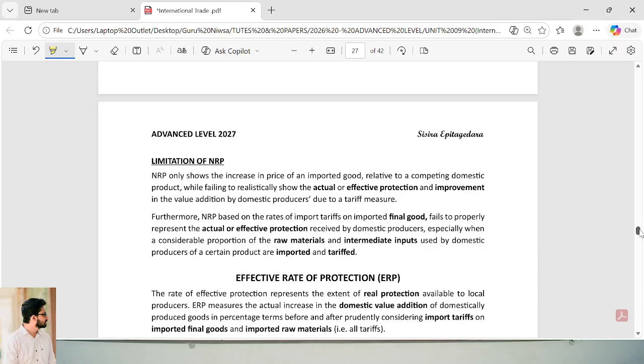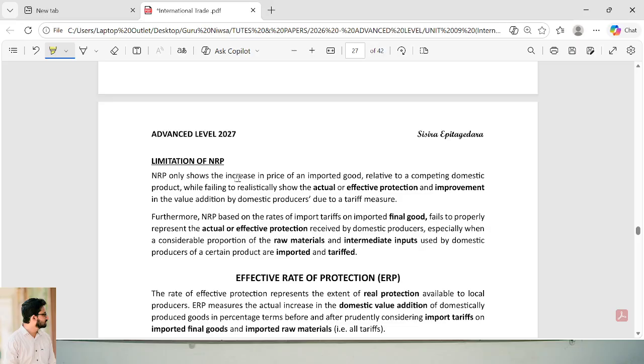This is a very basic calculation based on the tax rate or tariff rate, the increase in the price of imported goods. Based on these values we can't actually measure the protection received by domestic producers. This is the limitation of NRP.